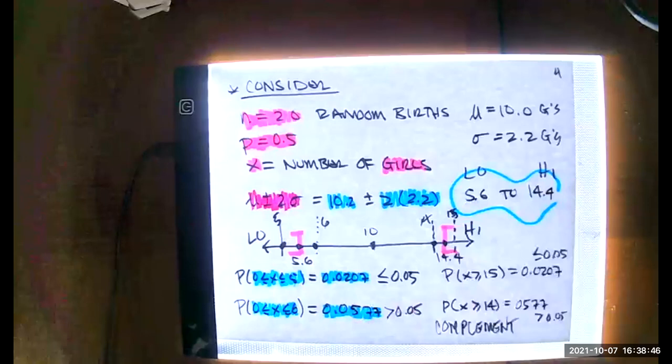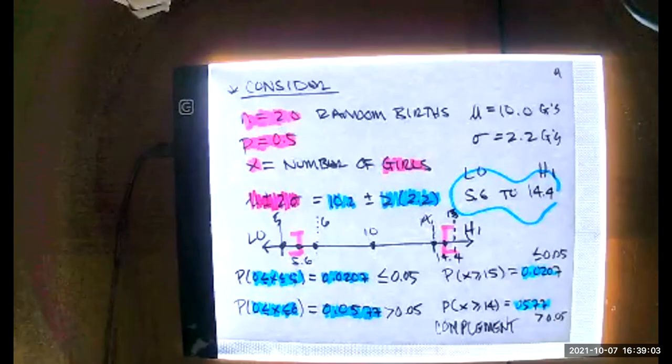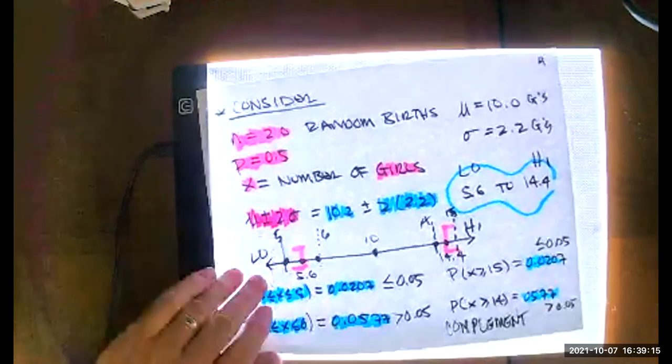So again, it really does comport, and whether you use the mean plus or minus 2 standard deviations or the probability argument, you should be able to get to something that's the same in both cases. I will say this, that it's usually easier to use the probability argument. That's the one you're going to see much more often than the mean plus or minus 2 standard deviations. There are times that it actually does not work, but those are kind of weird data sets.